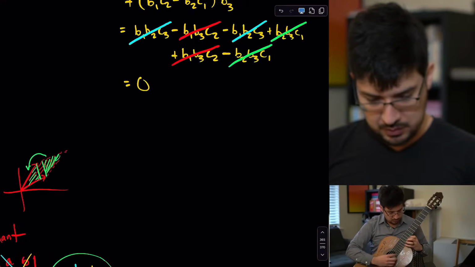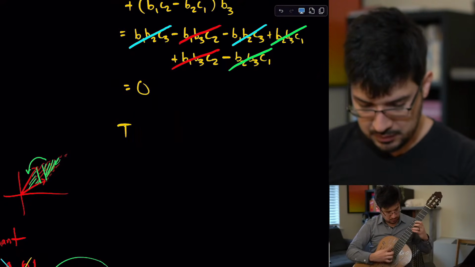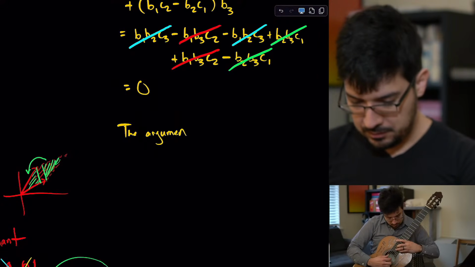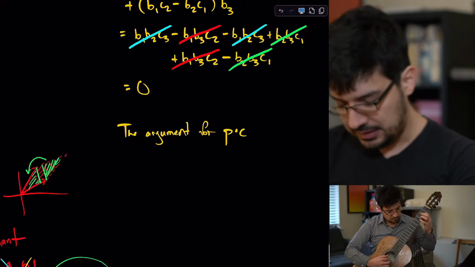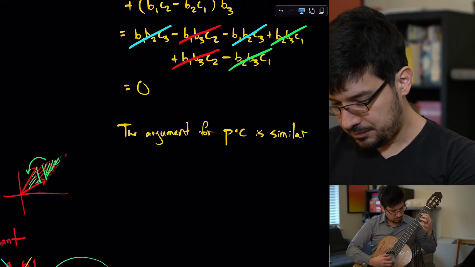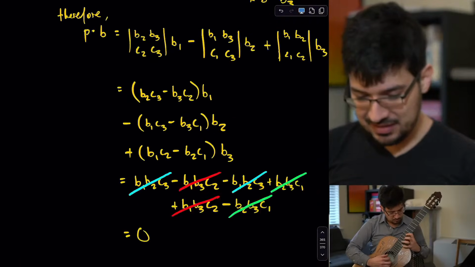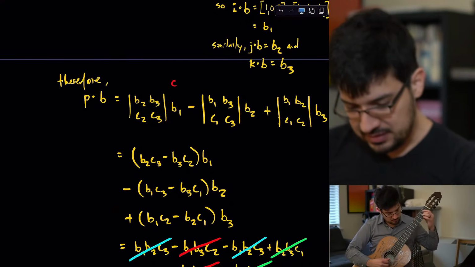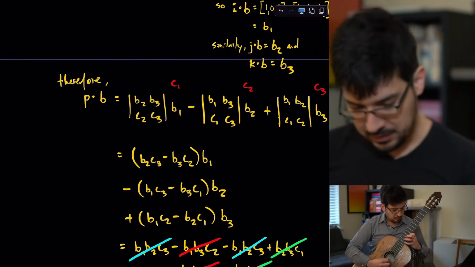I'm going to try to cheat, sort of. The argument for P dot C is similar. It's the same thing. It's just that this is C1, C2, C3.